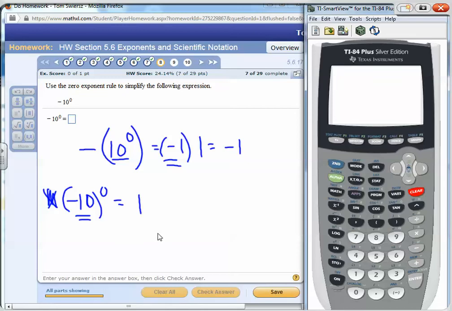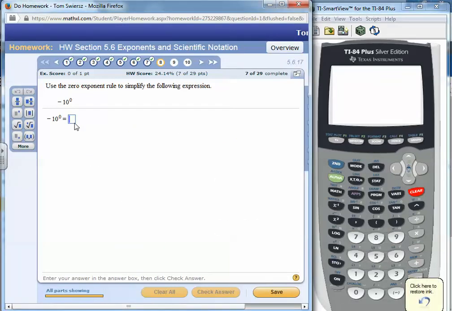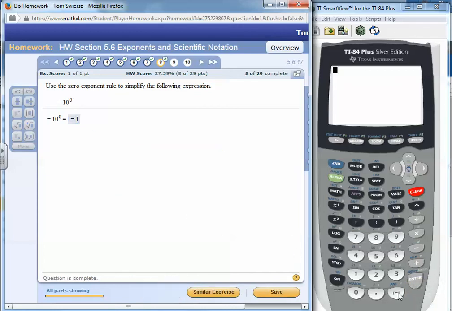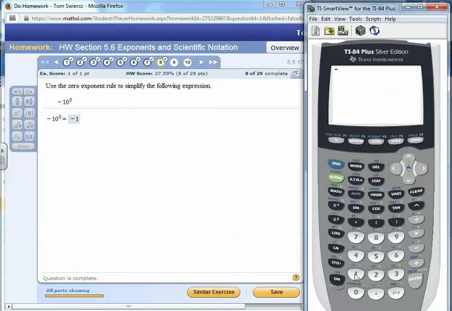The calculator will do it correctly. Now notice, what did we say? We said the correct answer is negative 1, which is correct. If we just put in the opposite, you have to use the negative sign and the 10 next to each other, then raise to the 0 power, and it should be negative 1, because it was 10 to the 0.